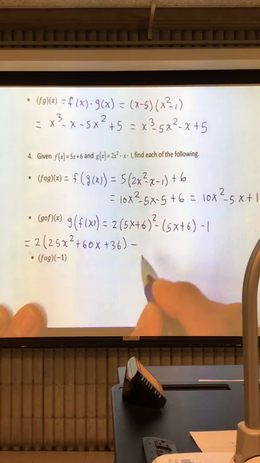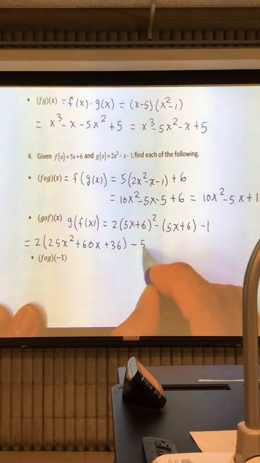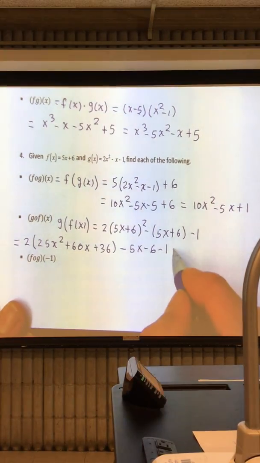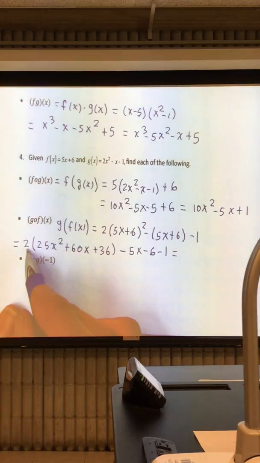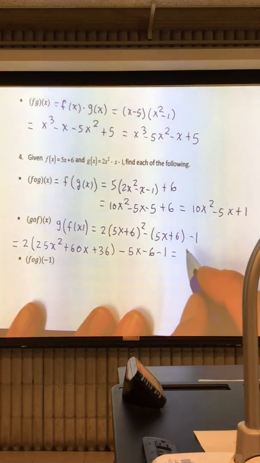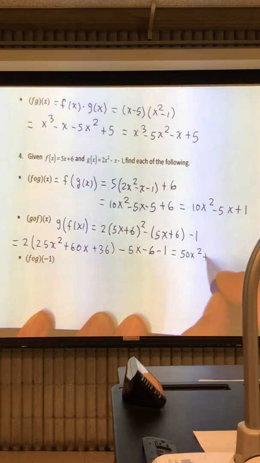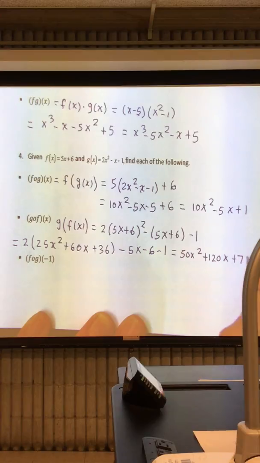Now we can distribute the minus sign through, minus 5x minus 6, and then minus 1. Finally, we can distribute the 2 through the parentheses, giving us 50x squared plus 120x plus 72.